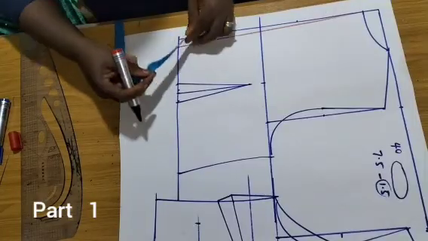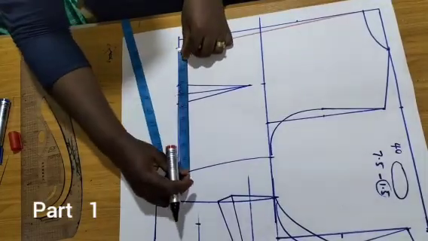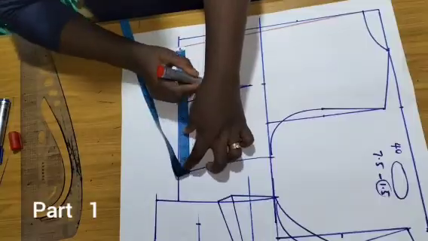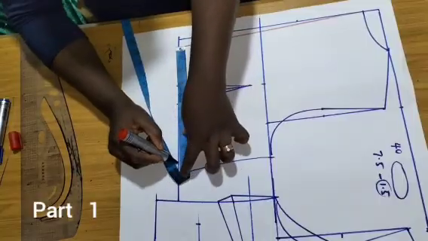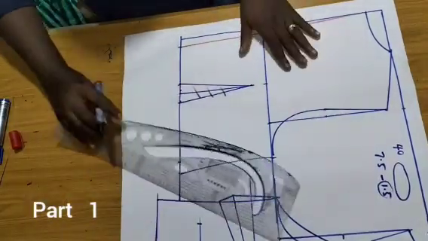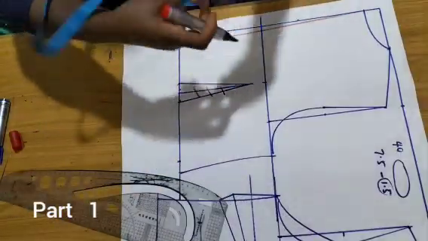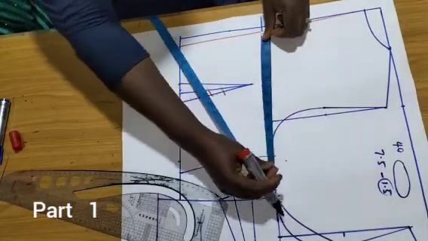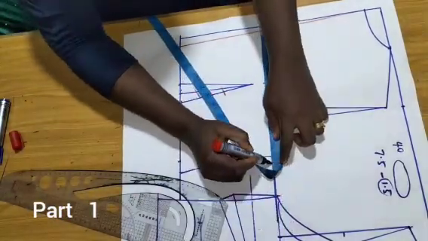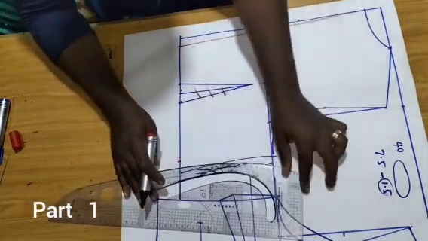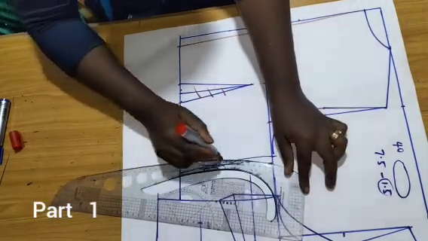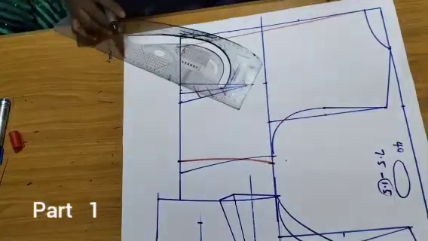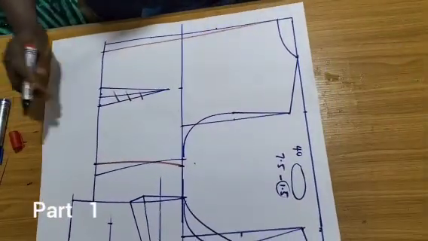So here I want to work without that at the back, so I'll measure excluding that, off at 9 inches, and I'll measure my bust circumference from the contour line at 10 inches, and here I'm going to connect. So I'm using the red line, so that is where we are going to cut out from.